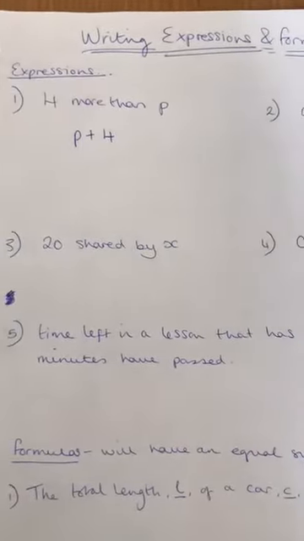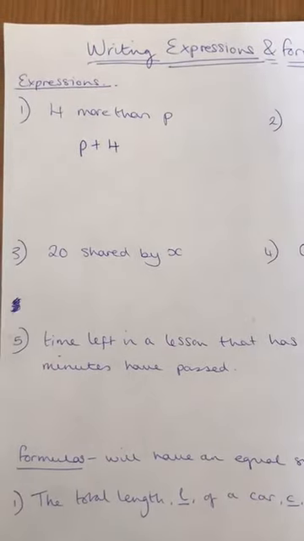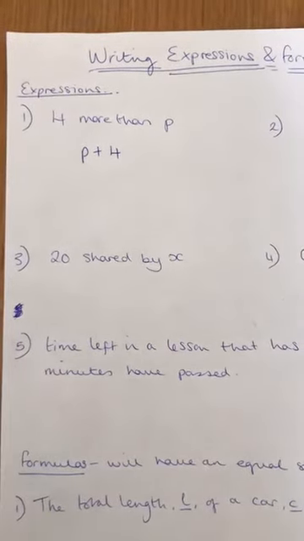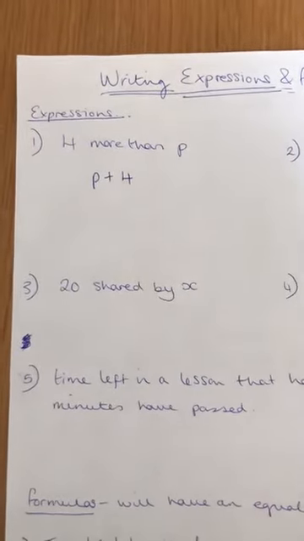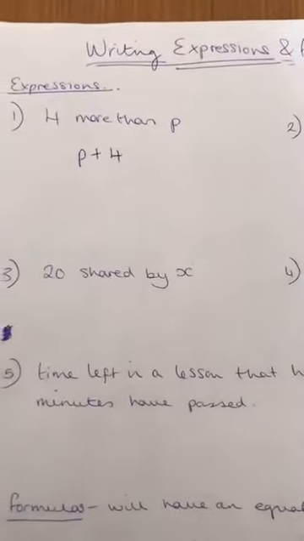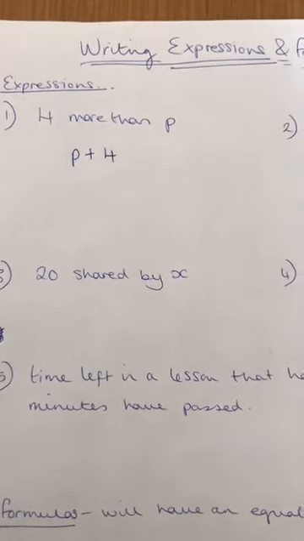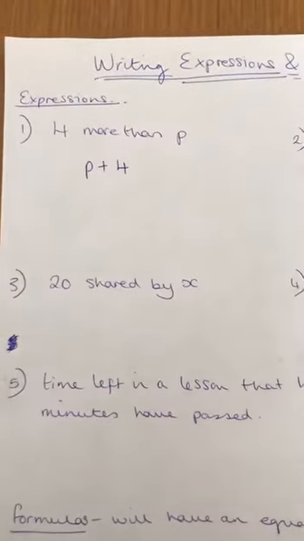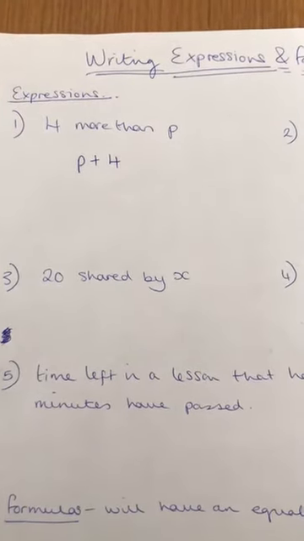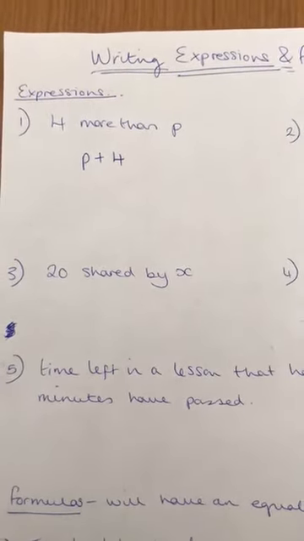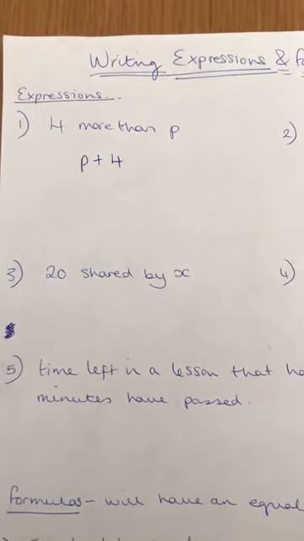If you struggle with this concept, because sometimes pupils do struggle to understand it, they think, well, what does P represent, etc. What I sometimes say to pupils is give letters a value, just any random value. So, for example, if I pretend just for the moment that P is 10, if I said to you, what is 4 more than 10?